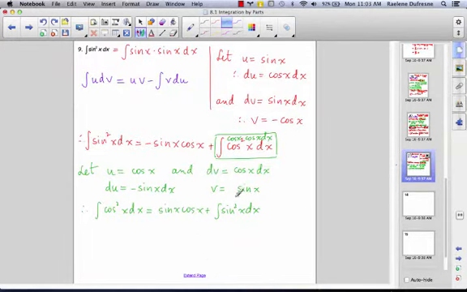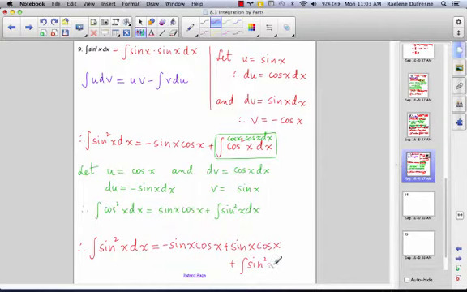So let's take this green result and put it back into the green box so that our original red integral says the integral of sine squared x dx is equal to negative sine x cosine x plus what we found for the green integral, which is plus sine x cosine x plus the integral of sine squared x dx.